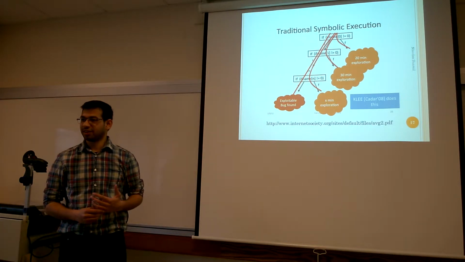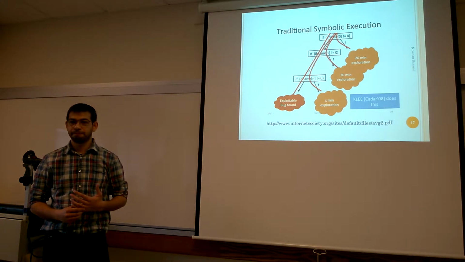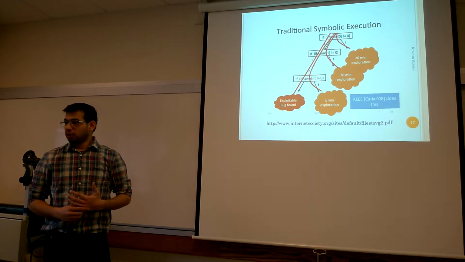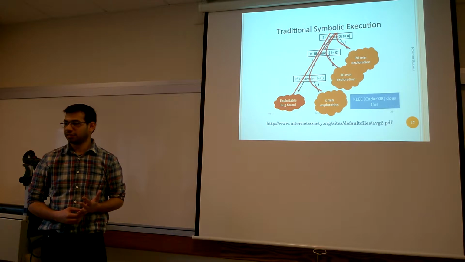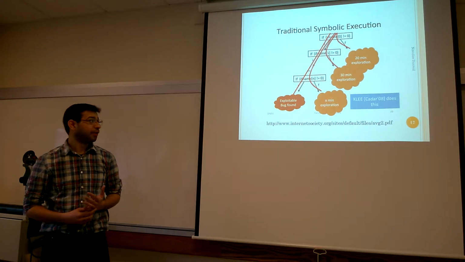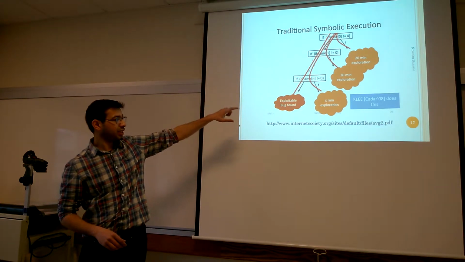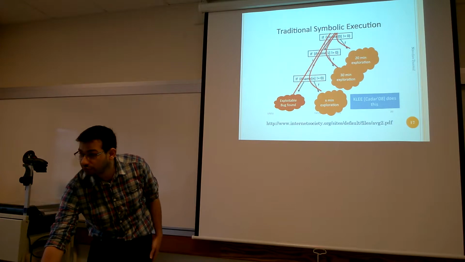Do people see that you are exploring a lot of paths through either side? Okay. And what they're saying essentially is that maybe we just don't care about the false branch at all, and so those 20 minutes are wasted. So this is an existing technique which has been implemented in KLEE, which is also open source.